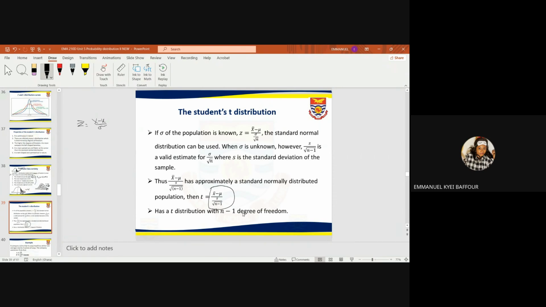And the distribution always has n minus 1 degrees of freedom. So if you want to change from whatever score to T score, this is the formula that we use in converting to the T scores.